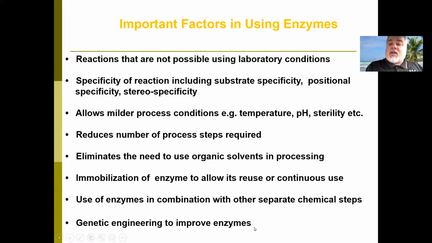Genetic engineering has been done to improve enzymes, make them even faster, lower activation energy, whatever. A lot of genetic engineering has been used to manipulate enzymes to work more effectively, or manipulate yeasts.